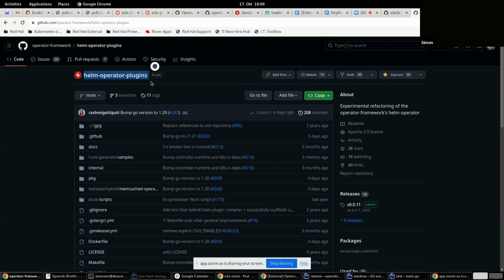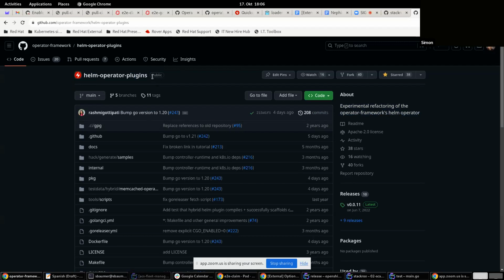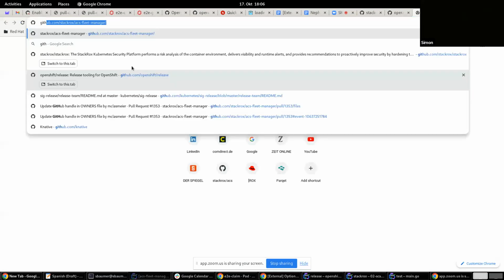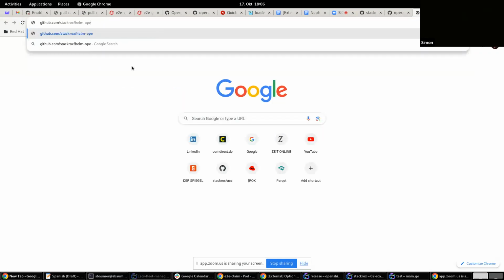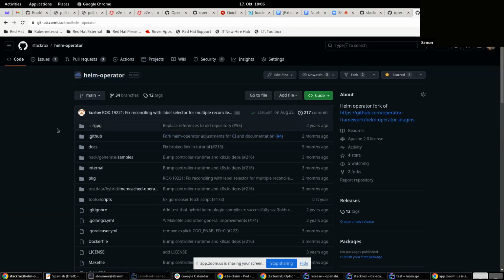It's officially supported and kept up to date by the team, and we also provide upstream patches to it. Okay, so this is the upstream. Yes, this is the upstream. Okay, got it. And we have a downstream version here, and we upstream our changes to Operator Framework.